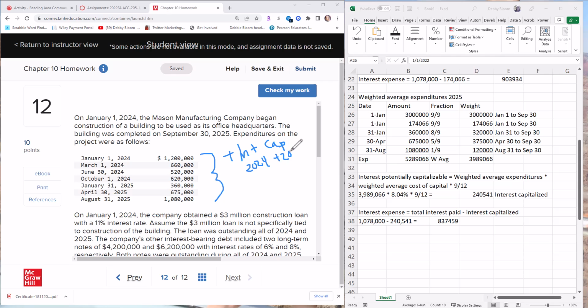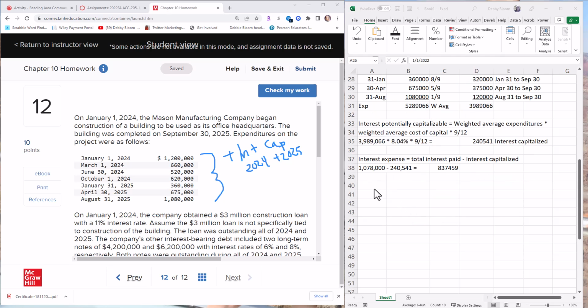So since we know those numbers are all correct, we know that we're going to be correct with our sum. So I'm just going to add all of those numbers.